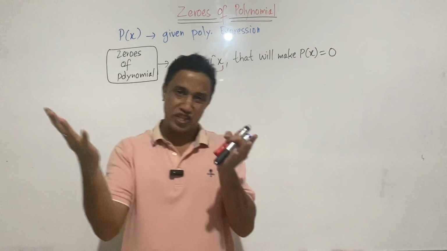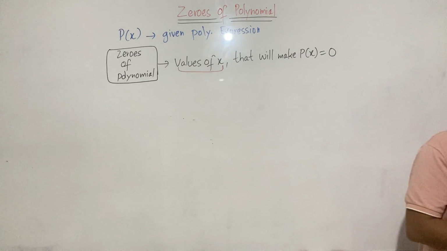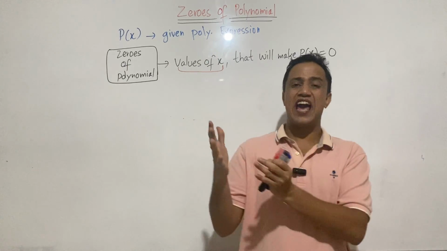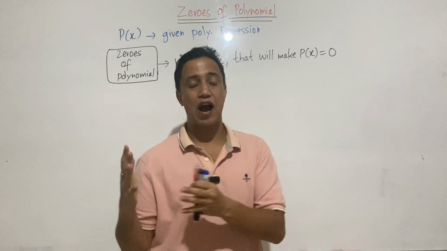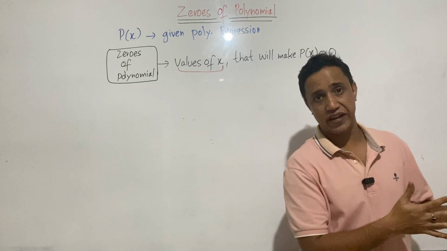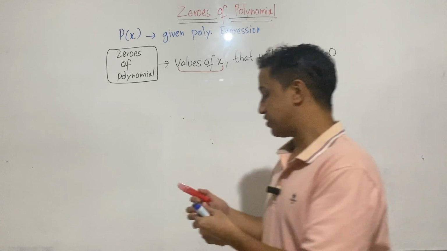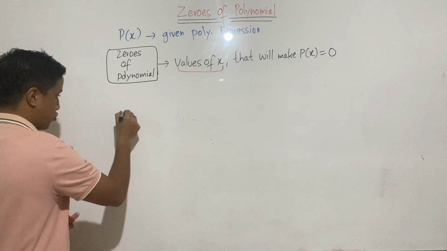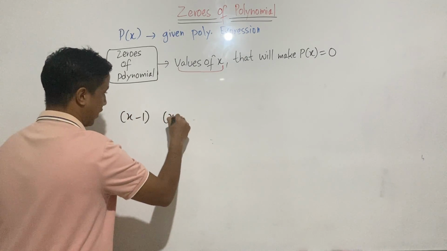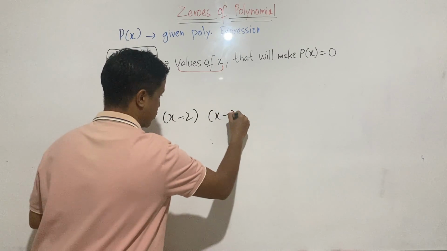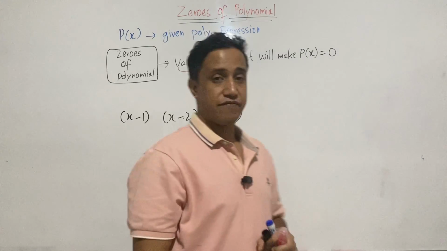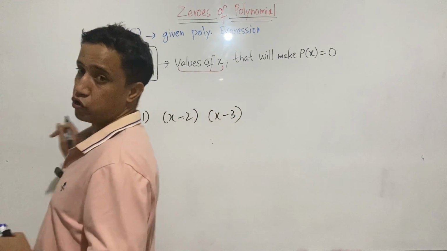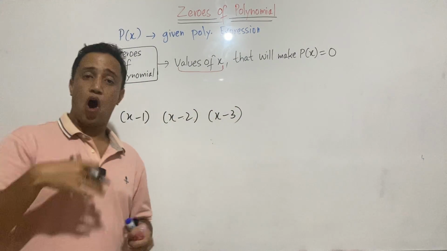Or I can put it this way. If we have a cubic polynomial, we are going to have three factors. Let's say these are the factors: x minus 1, x minus 2, x minus 3. These are the factors I got for a cubic polynomial expression on division.